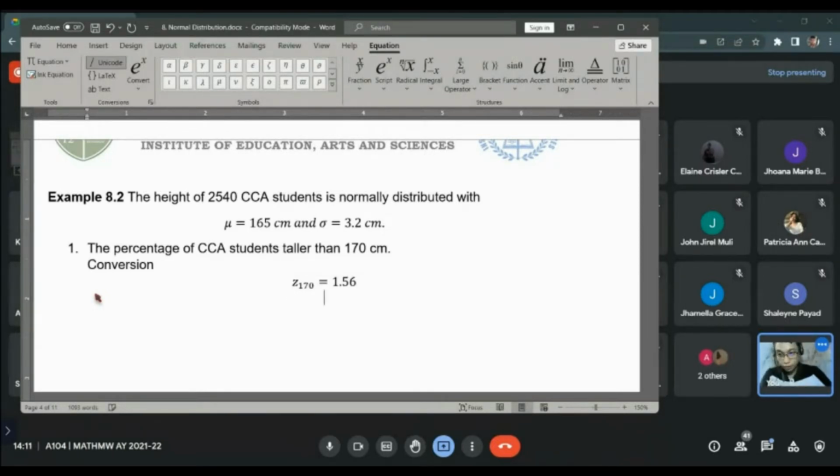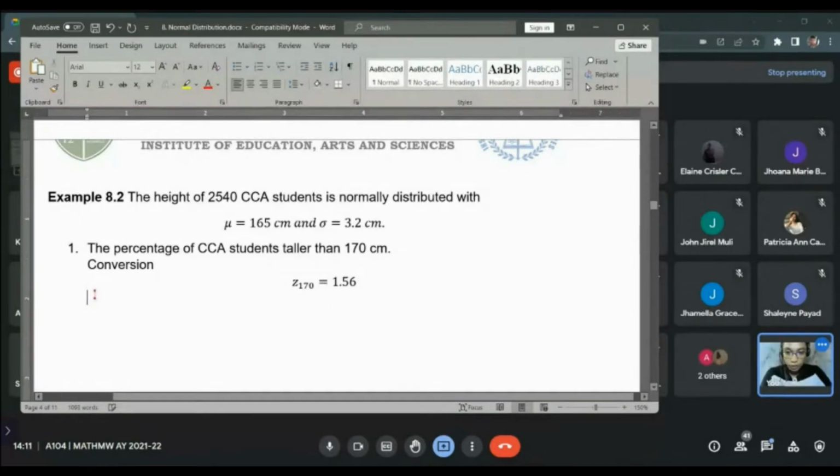Next, after the conversion, I want you to illustrate the problem. You'll need to shade the unknown region of your normal curve. So how is that?